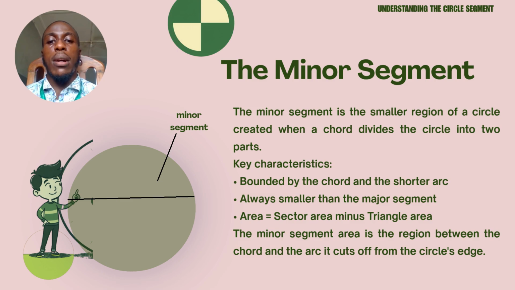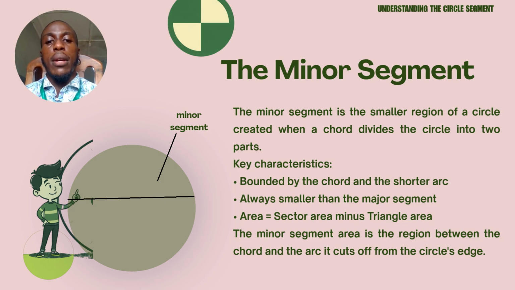And what are these key characteristics? Number one is that it is bounded by the chord and the shorter arc. The second is that it is always smaller than the major segment. One of the major ways for you to know that this is a minor segment is that it's always smaller than the major segment, and the area is equal to the sector area minus the triangle area.